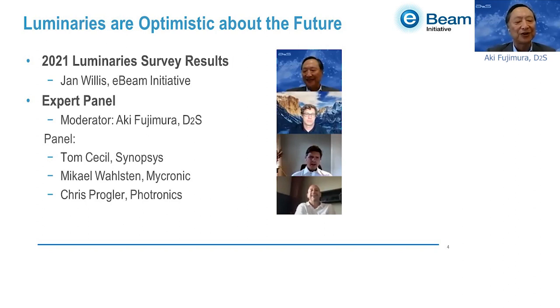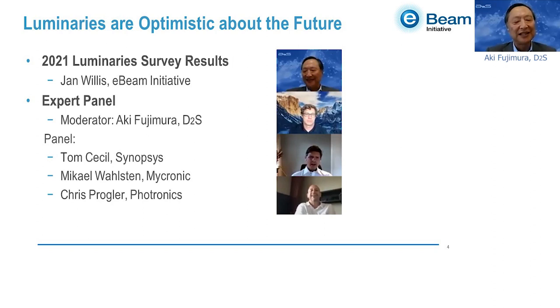So we look forward to hearing from Mikael. He also has personally been leading a lot of the deep learning efforts at Mycronic, so I look forward to hearing from him on that subject matter as well.